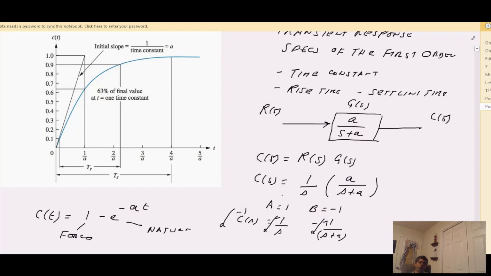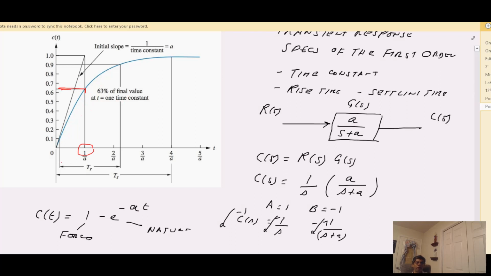Now, the values that we are looking for is the time constant, and the time constant Tc in this is equal to 1 over A. So if you come out right here, I'm going to put this in red. So this is equal to 1 over A, and the value of the time constant at this point is 63% of the final value. So the time constant is how long it takes to reach 63% of the final value.